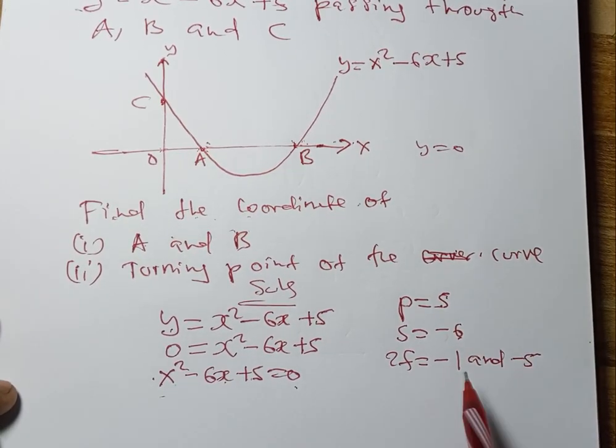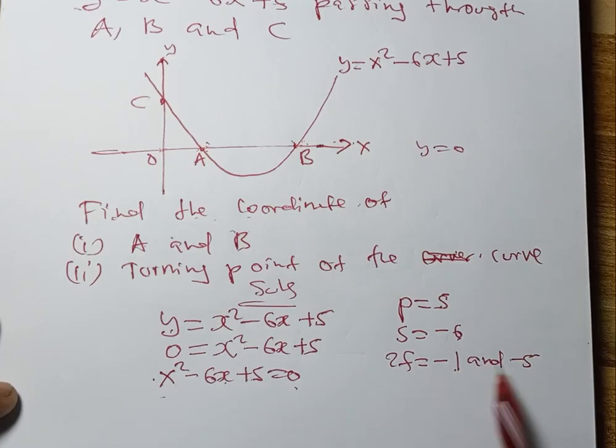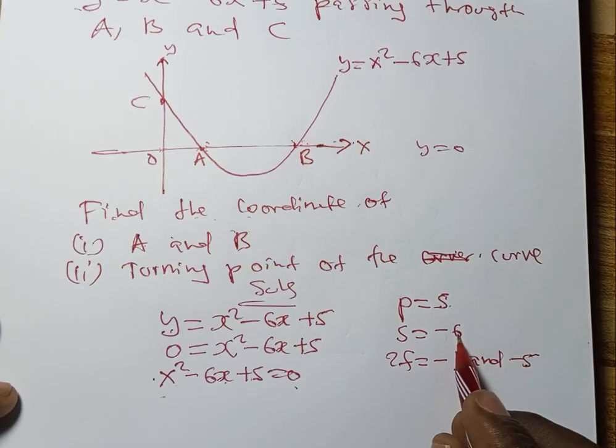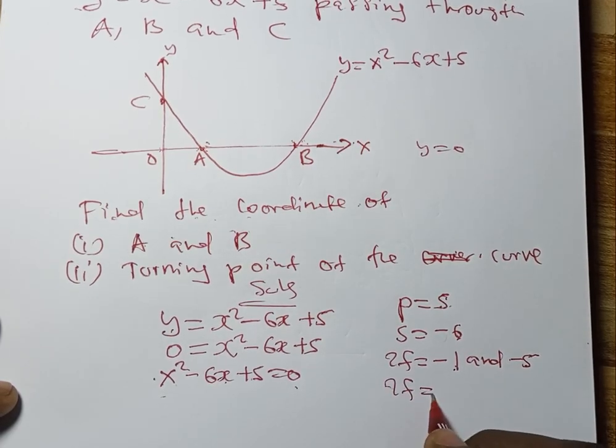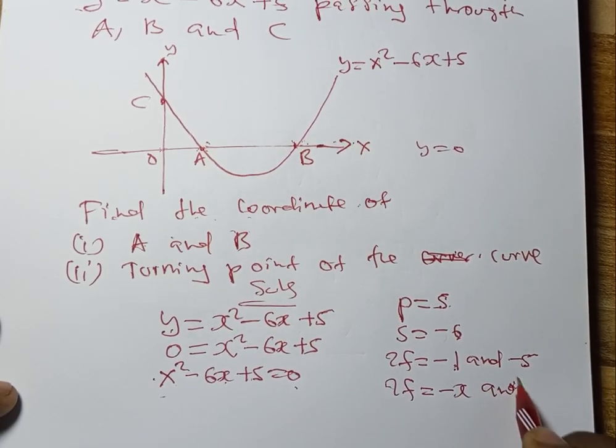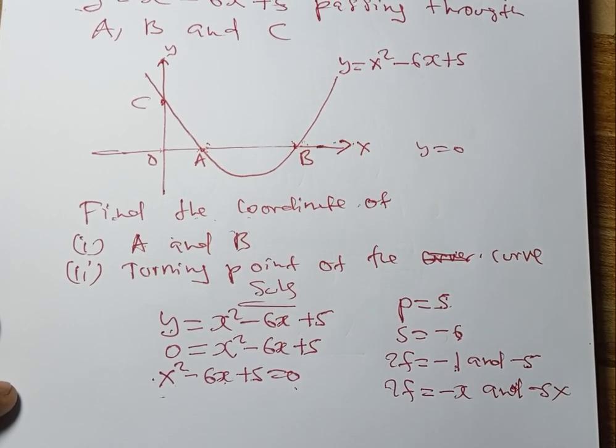Negative 1 times negative 5 gives us positive 5. Negative 1 plus negative 5 gives you negative 6, which is the sum. So the two factors, in this case using x, will be negative x and negative 5x.